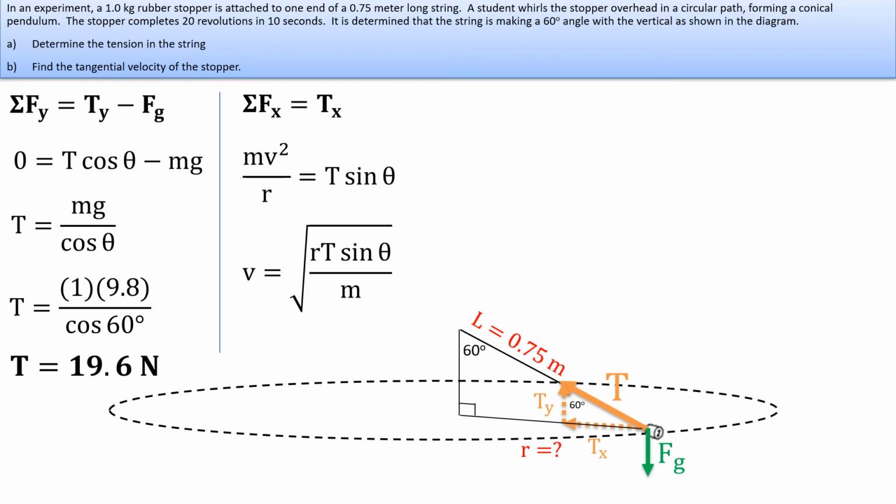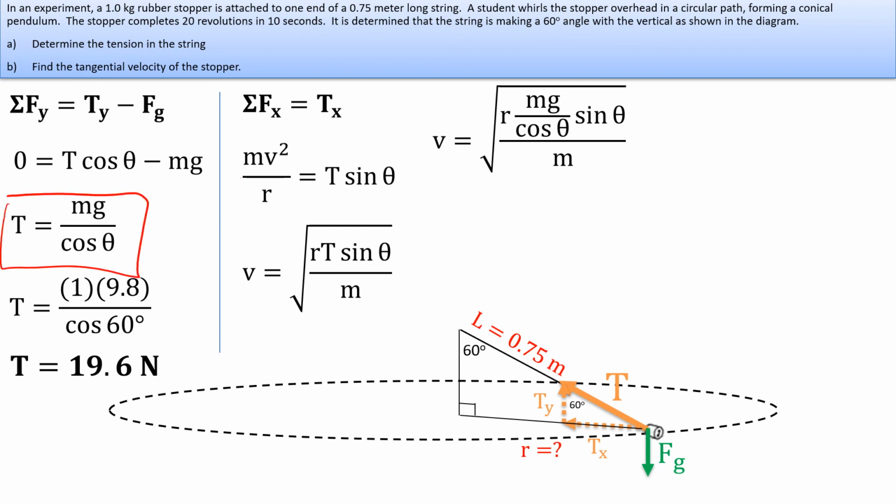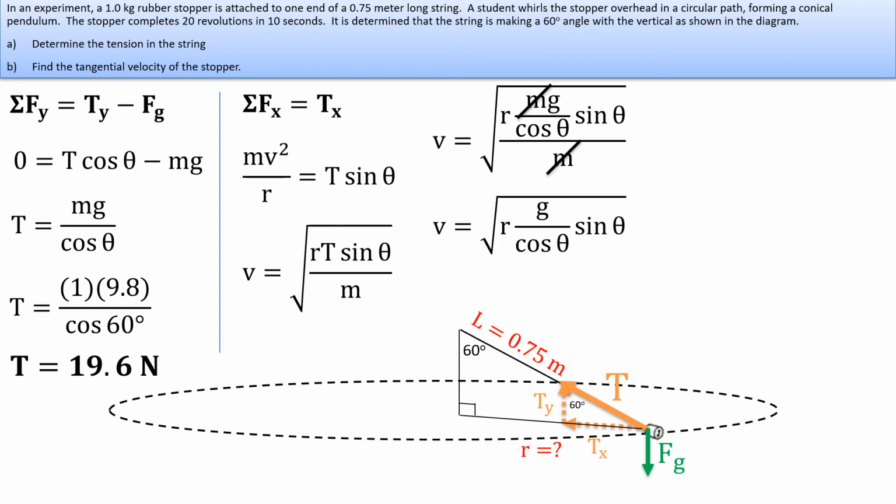Okay, so what else do we know? We know that the tension is equal to mg over cosine theta. So I just plugged in this equation over here. That's the only difference there. What else do we know? We know the masses are going to cancel out, so that's nice.